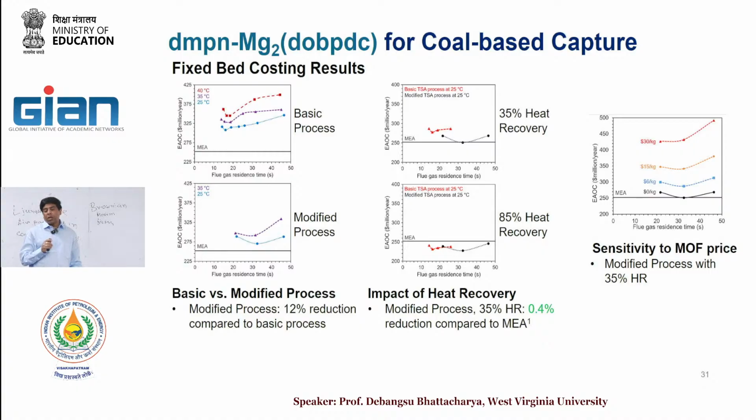Then the idea is the heat recovery. Remember, for solvent based systems like MEA, almost 85 to 90% of the heat in the hot solvent is recovered, and that is why you save money. That is a very large amount of sensible heat for heating up the solvent or the adsorbent to the regeneration temperature, right?